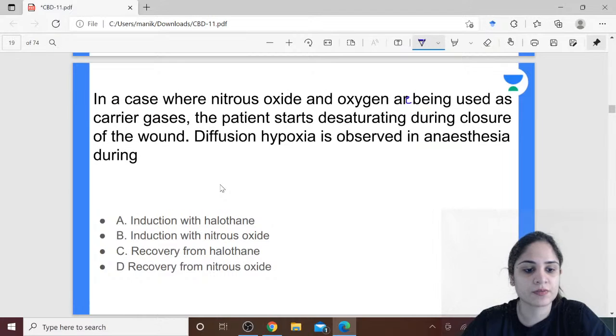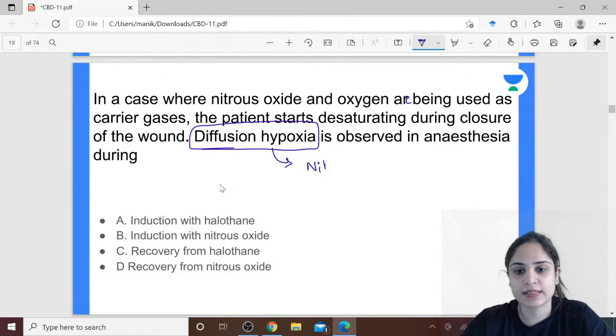Diffusion hypoxia is observed in anesthesia during... So what is diffusion hypoxia and with what is it seen? Diffusion hypoxia is a condition that is seen whenever we use nitrous oxide as a carrier gas.